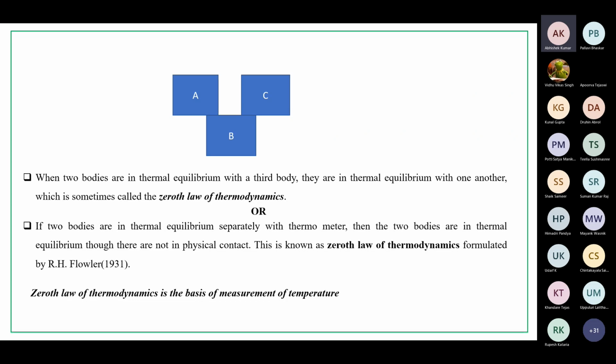Otherwise, nowadays you have an electronic thermometer to measure body temperature. You want to measure whether you have fever or not. You take that thermometer, put it in your body, and wait a couple of minutes, or at least 1 or 1.5 minutes. Then it will give you a beep sound.